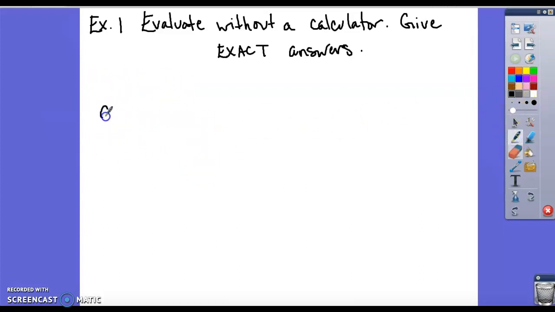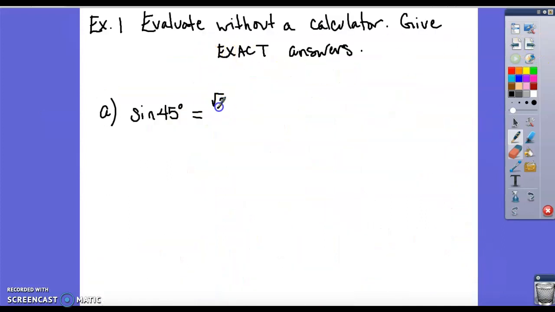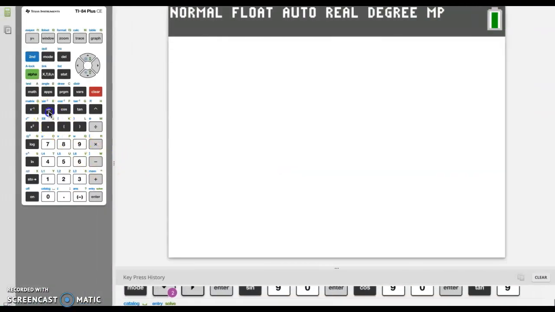Let's start with, for example, the sine of 45 degrees. Remember sine is the y-coordinate. So if I find this 45-degree angle, which is right here, to calculate the sine, I just need the y-coordinate of the angle. So the sine of 45 is going to be square root of 2 over 2. I can't get an exact answer if I put that into my calculator, so you have to use this unit circle.